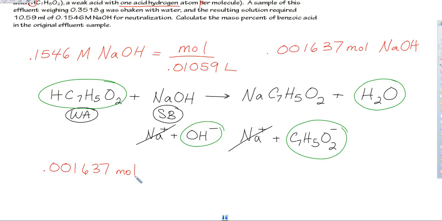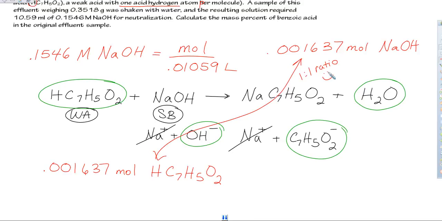So I would have had the exact same amount in moles of the acid. So I'm going to make myself a little note. I can do this because it's a 1 to 1 ratio in the balanced equation.